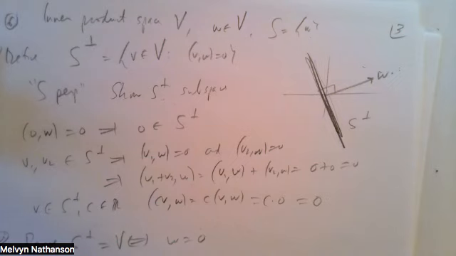So let's see. Well, the first part is easy. If W is the 0 vector, the inner product of V with W, which is the inner product of V with 0, is 0 for all V in the vector space. So S perp is all of V.